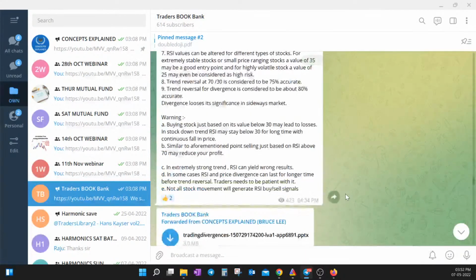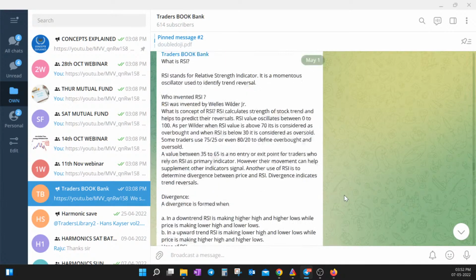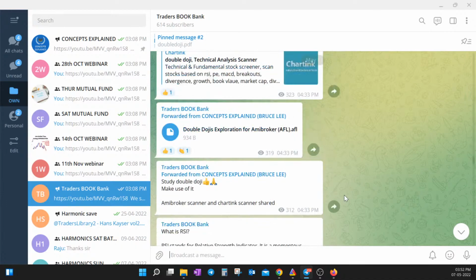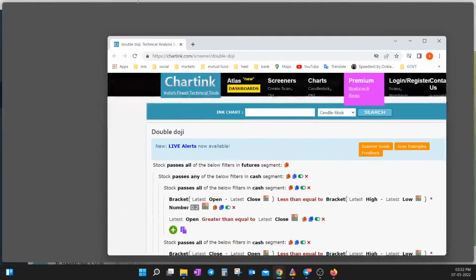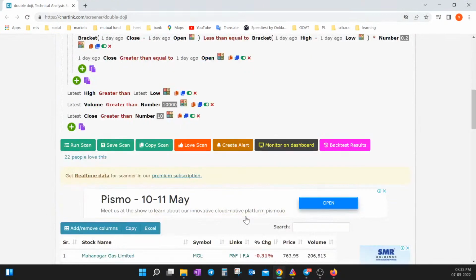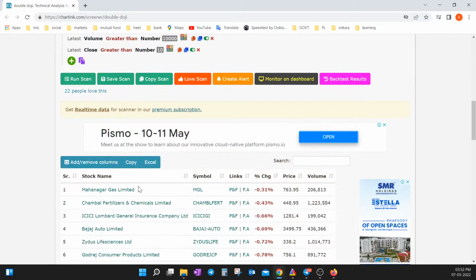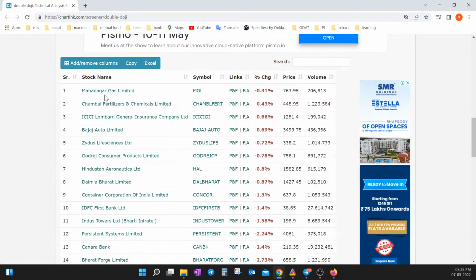So I think every weekend from now on we shall study something in the live sessions. So this is a charting scanner which gives you the previous day's data. On the previous day you need to scan this, so it gives you the next day's data. All these are presently formed: Mahanagar, Chambal, Bajaj Auto.